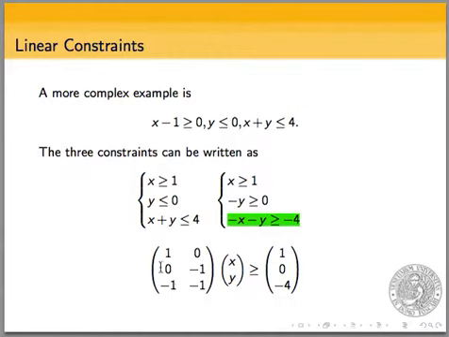So if you multiply this matrix times this vector of x and y's, you get exactly the left-hand sides of the inequalities which describe the constraints. And this is bigger or equal, as you see here, than 1, 0, negative 4. So basically this is how you can translate any set of linear constraint in the form A times x bigger or equal than some vector b.